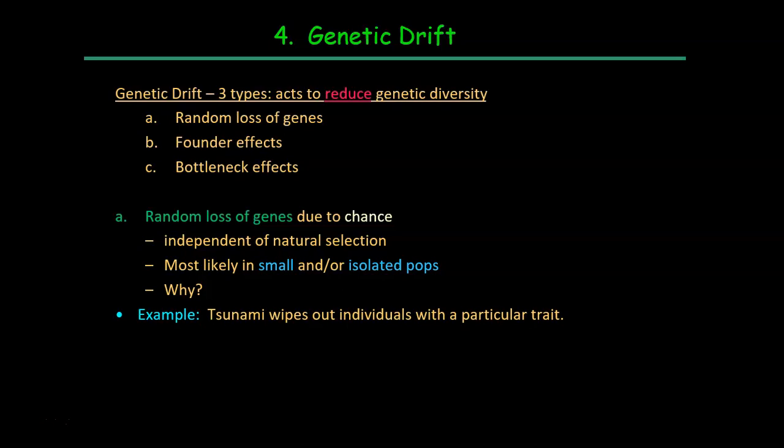Now, this is much more likely to happen in small populations or isolated populations, because for one individual in a big population, there's likely to be others that have those same genes. But in a small population, you might be the only one that has a particular gene. And this actually is a big problem in conservation biology, where we've got endangered species that are now down to small populations.